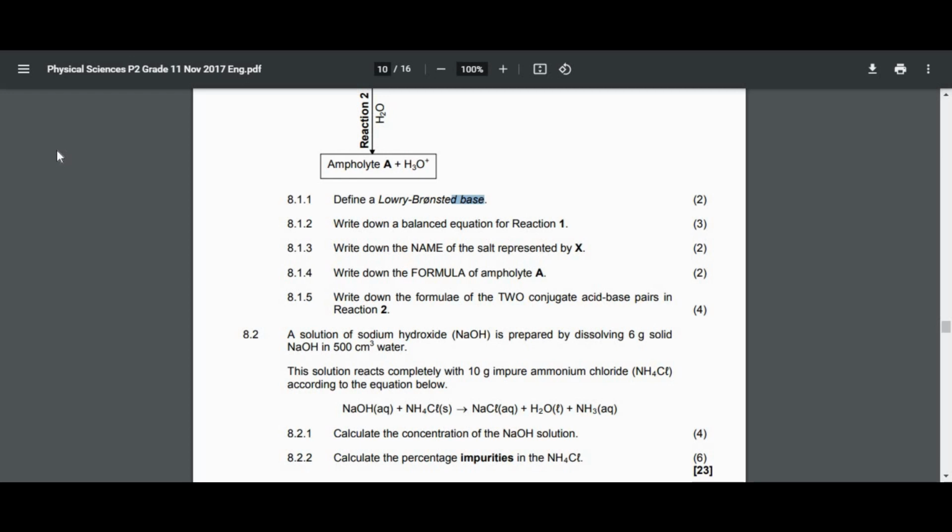Alright, NaOH aqueous plus NH4Cl solid gives me table salt, which is NaCl aqueous, plus H2O liquid plus ammonia aqueous. I want us to calculate the concentration of the sodium hydroxide solution for 4 marks.